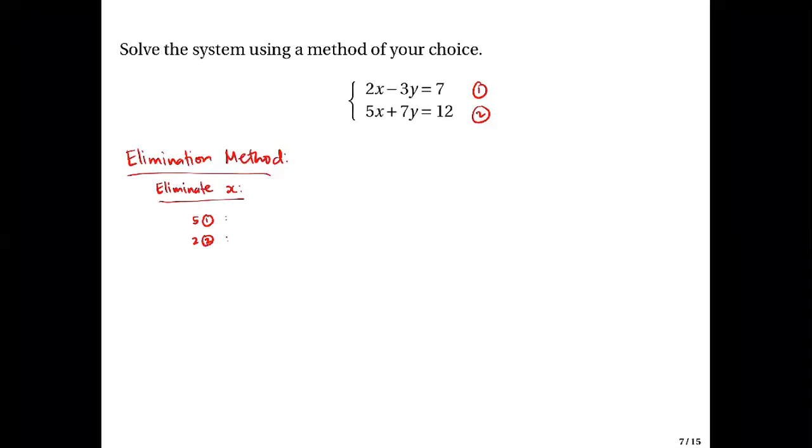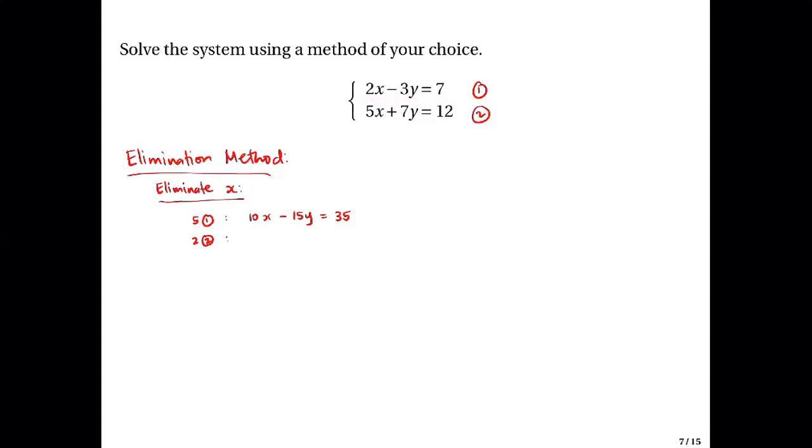So 5 times this first equation, we will have 10x - 15y equal to 35. So we multiply each term here by 5.